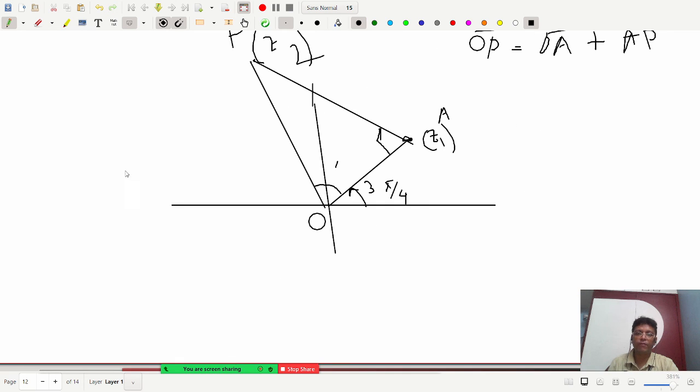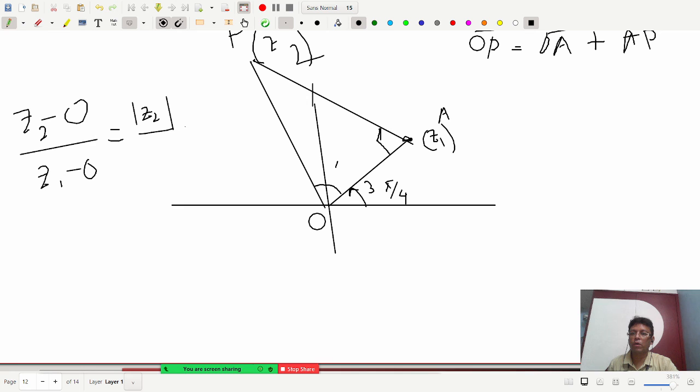So by using the rotation theorem, Z2 minus 0, because the origin is 0, over Z1 minus 0 equals modulus of Z2 by modulus of Z1, their lengths. And what is the angle between them?